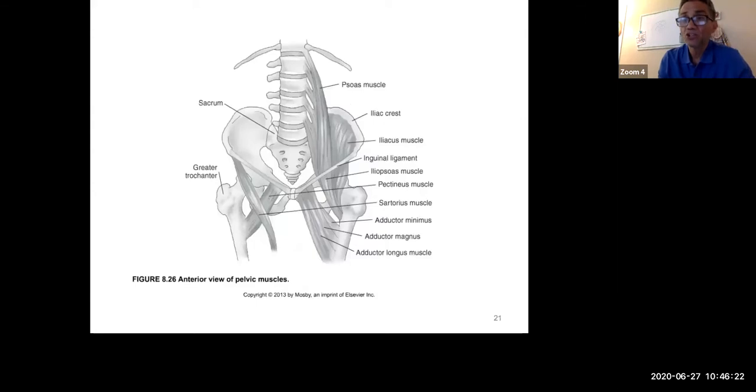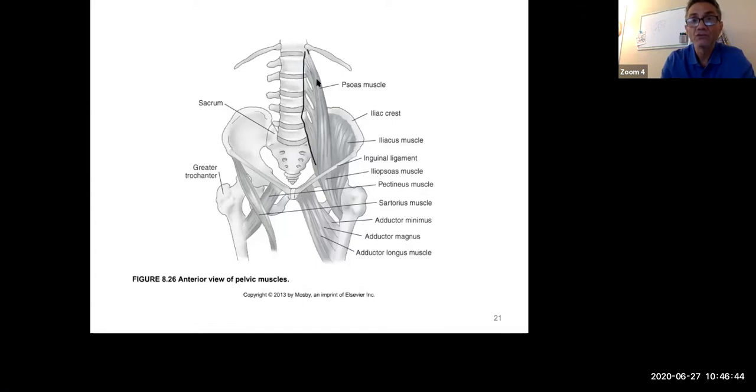Other muscles are also included in the pelvic region, which we did talk about last week, if you remember. We said one of them belongs to your abdominal cavity, but also belongs to your pelvic cavity. And that was your psoas muscle.